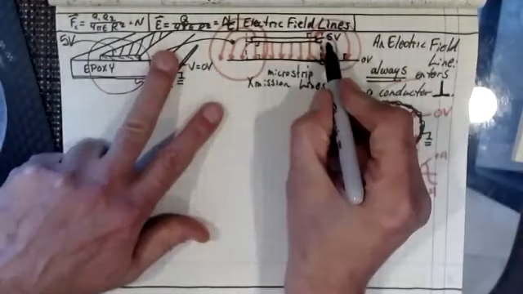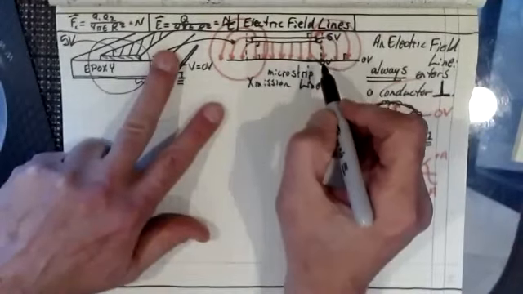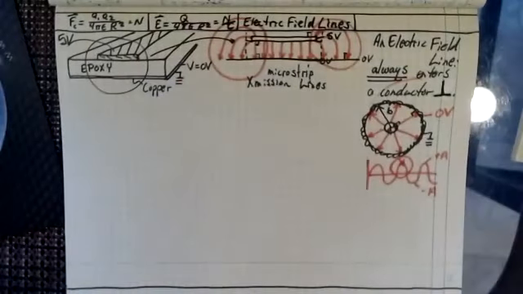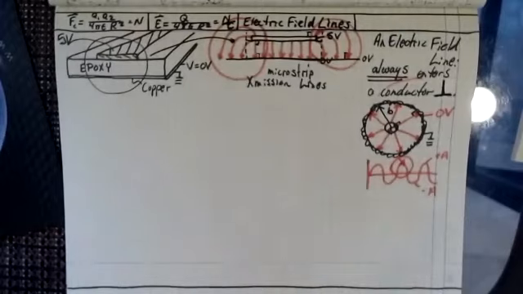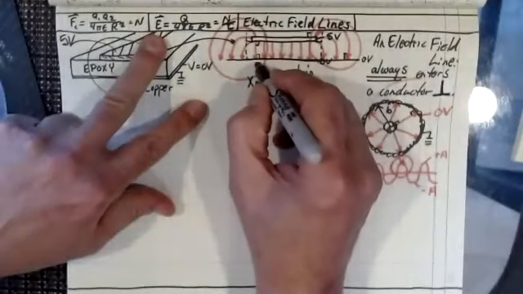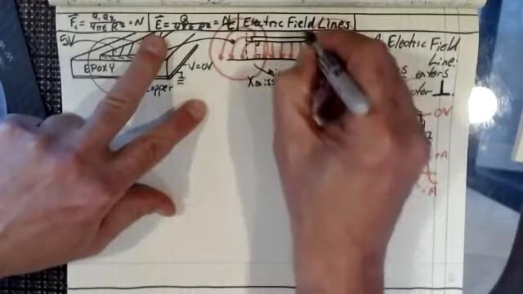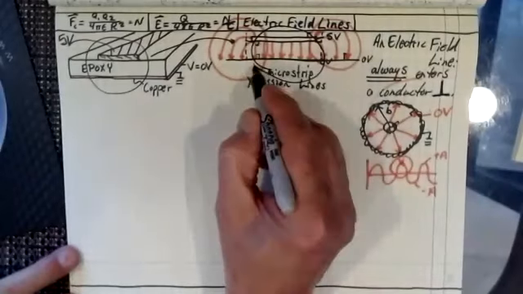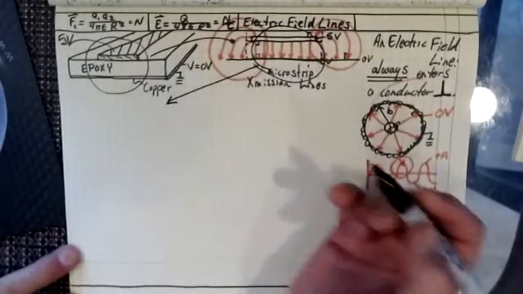I said that this was 5 volts and this is 0 volts. Let's blow that up a little bit. Let's just take that section right here, just the center section, and let's blow that up over here.